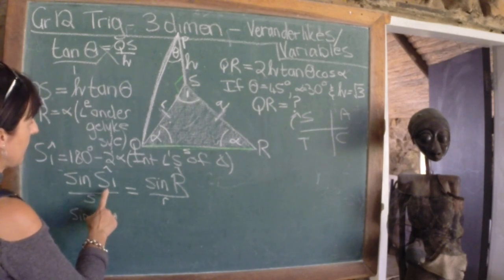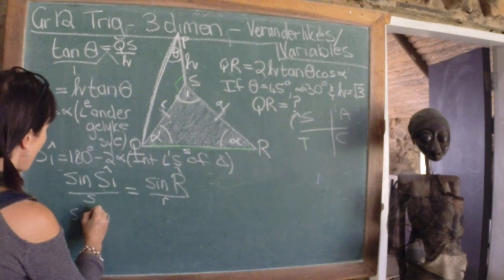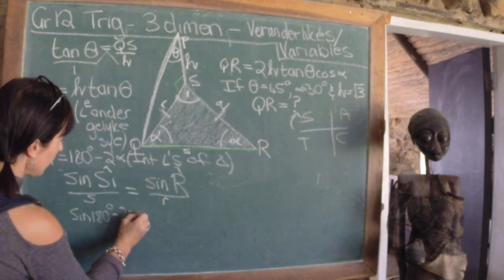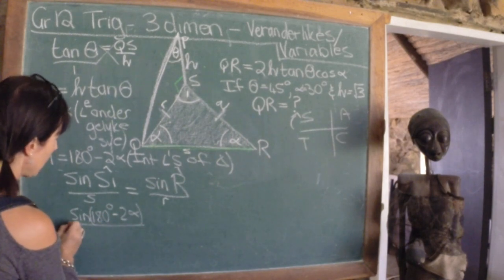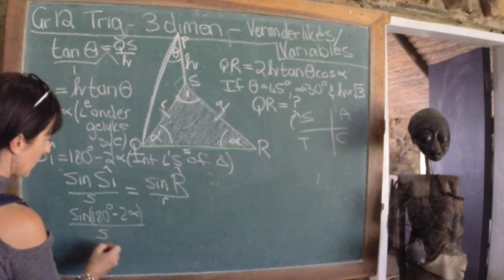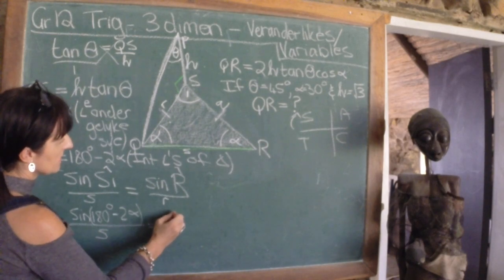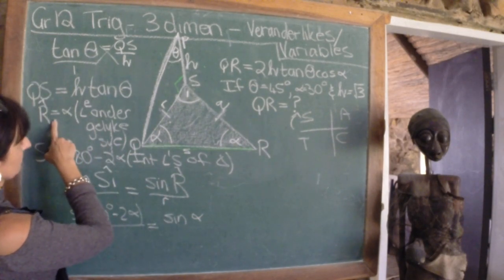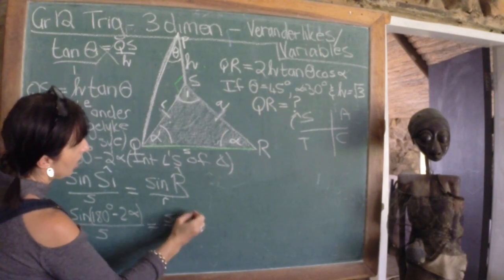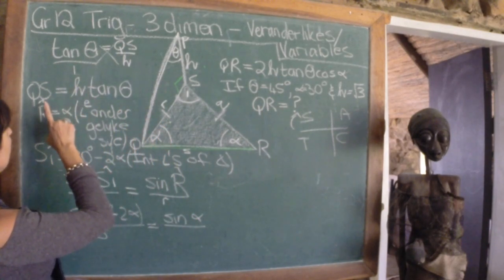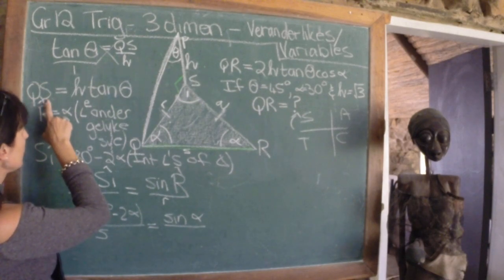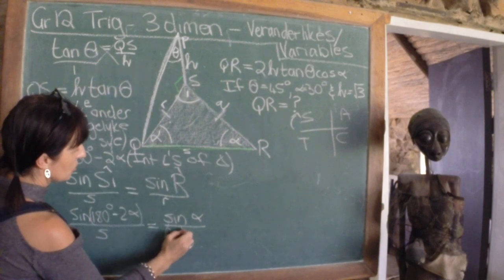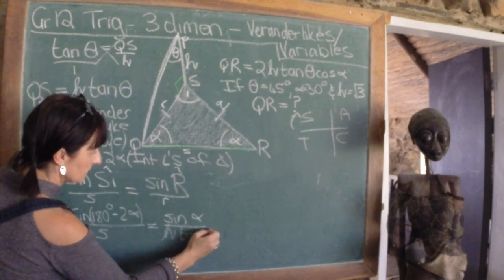The sin of S1 equals 180 degrees minus 2 alpha on small s, what I want is die sin van R, en die R is alpha, over there, on small r, and I've proven small r, that's QS, as h tangent of theta.